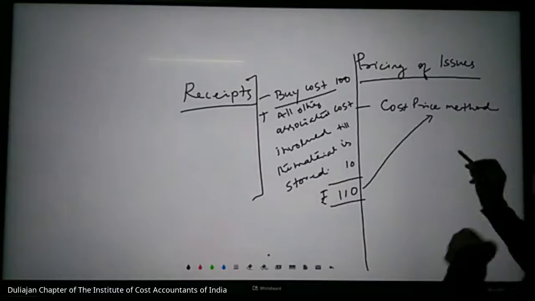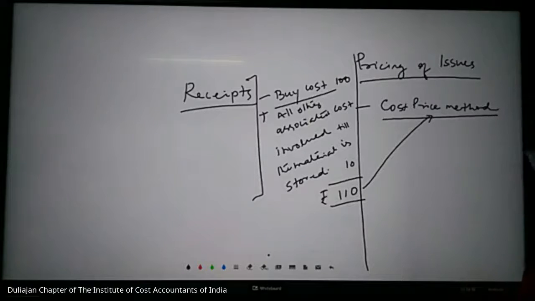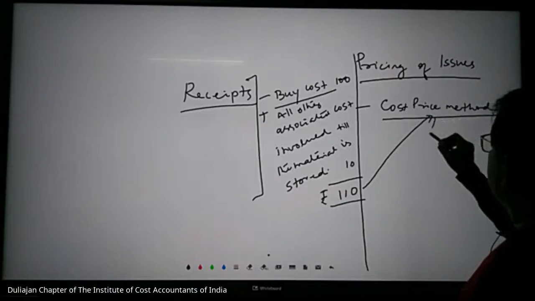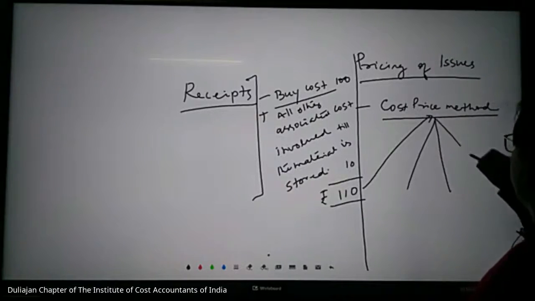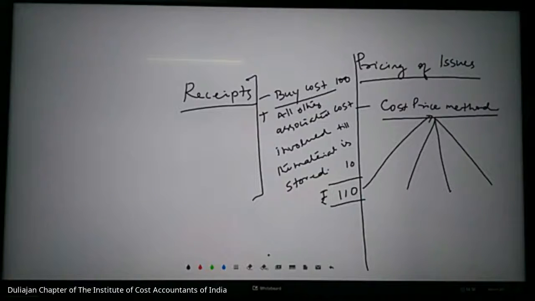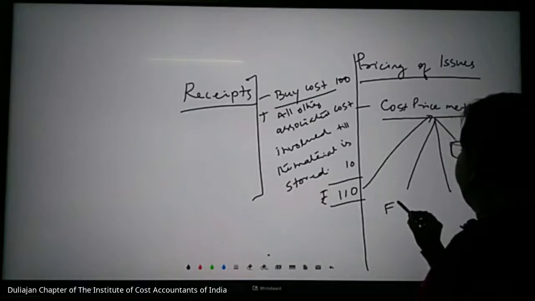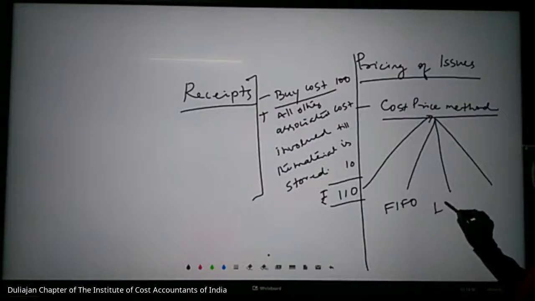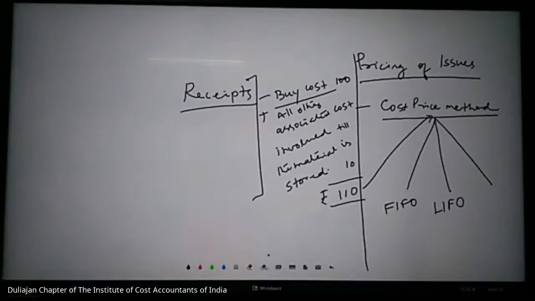Now in the cost price method there are three methods. That is FIFO method, first in first out, LIFO method, last in first out, and there is another method called base stock method.